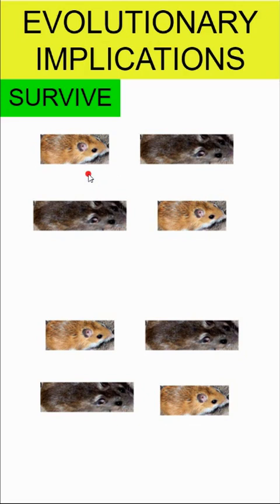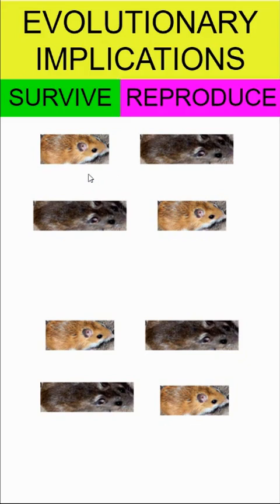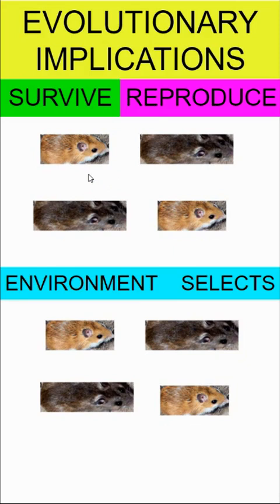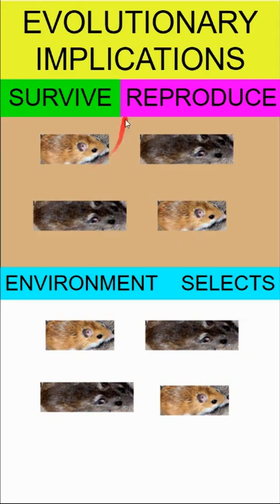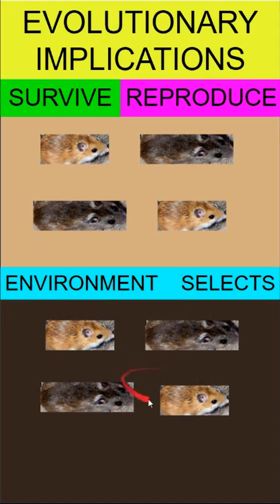So again, when we start talking about evolution, it comes back to survival of the fittest, which is not just about surviving, it's about reproducing. So that ties us into the environment. So when we talk about natural selection, it's not a choice, it's the nature that's selecting. So if you put these 4 mice in this environment and these 4 mice in this environment, the environment is basically going to select who survives.